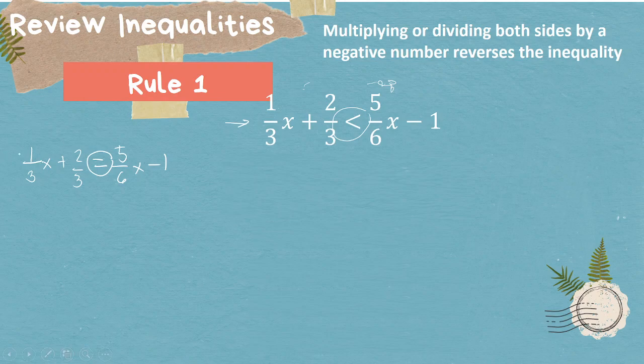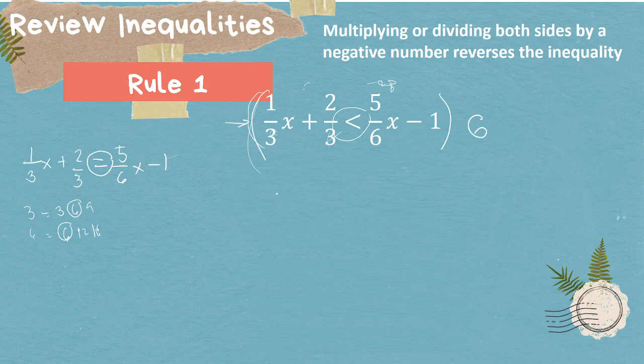Now, let's try to solve. What are we going to multiply to cancel the denominators? Ano yung multiply natin? The LCD, right? What is the LCD of 3, 3, and 6? 3, 6, 9. 6, 12, 18. So the least common denominator is 6. So we can multiply all sides by 6.